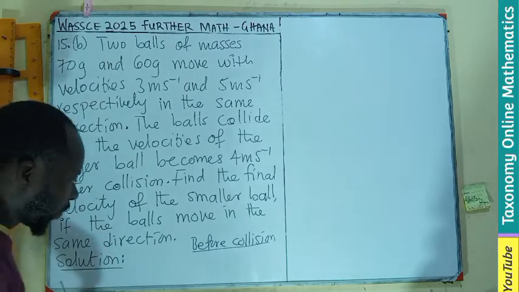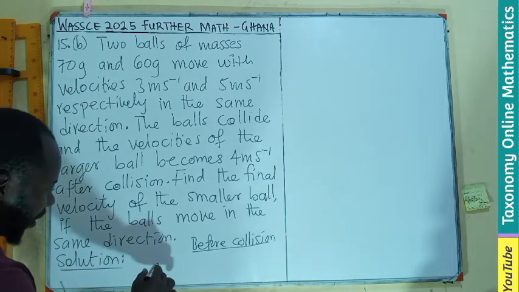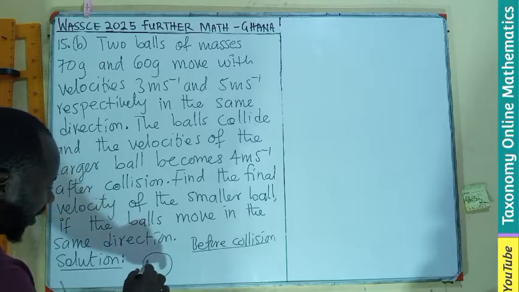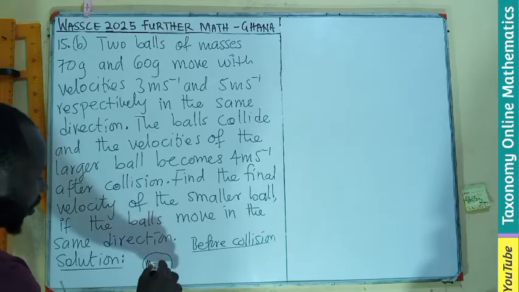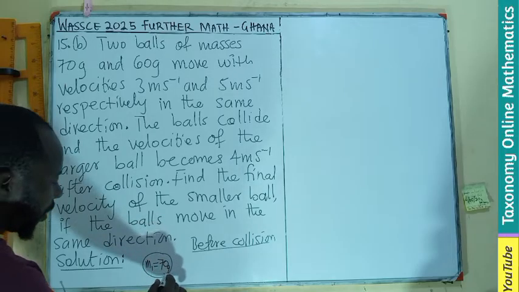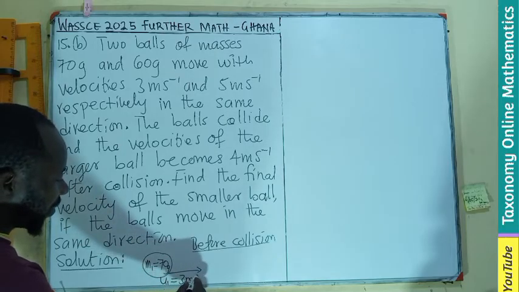Momentum before collision. So the first body, with mass given to us as 70, is moving with a velocity of 3 meters per second.